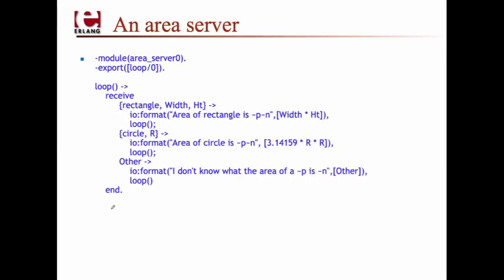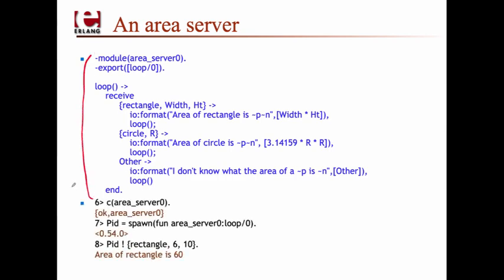So here is finally a simple process. Here we have a loop that receives two different kinds of messages. These are tuples. This is a tuple: rectangle, width, height. Rectangle is an atom. Width and height are variables. It will print the area of the rectangle as width times height.